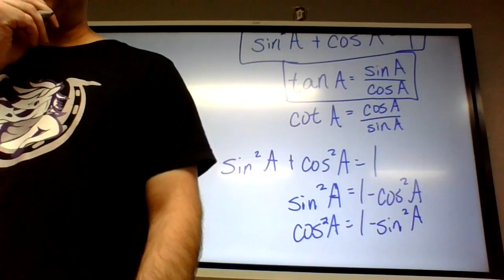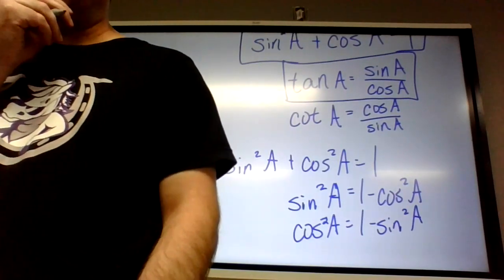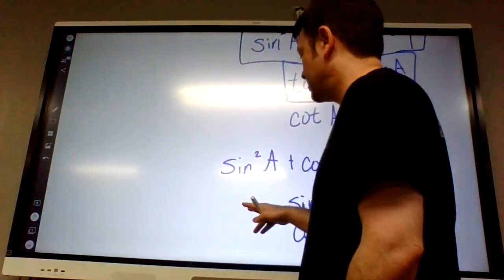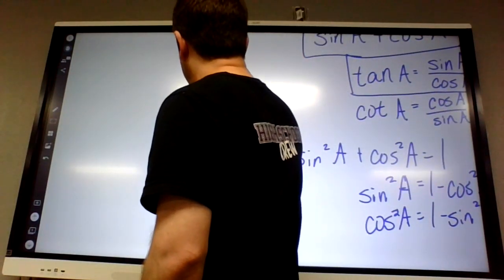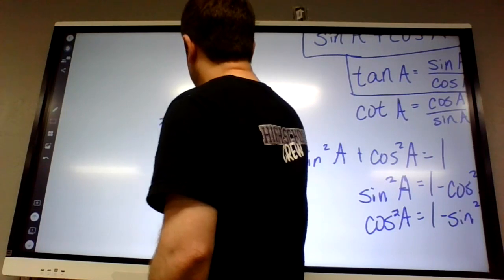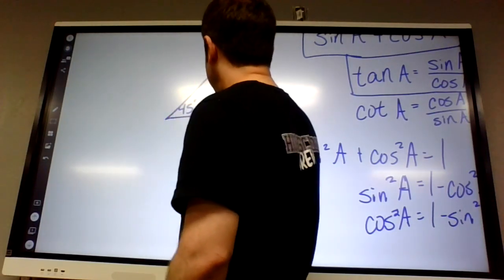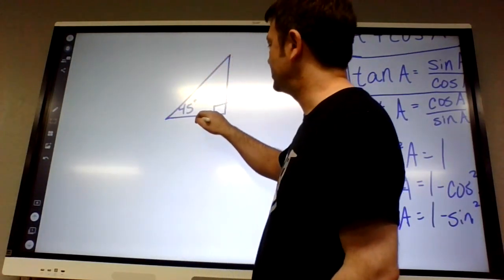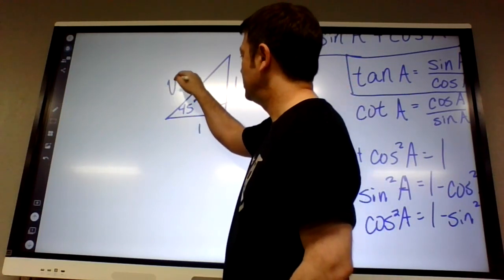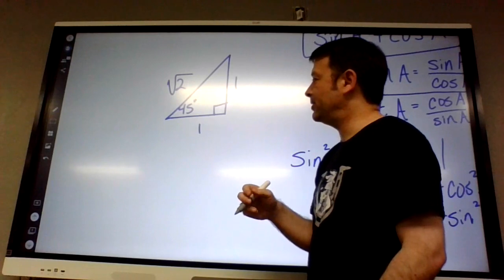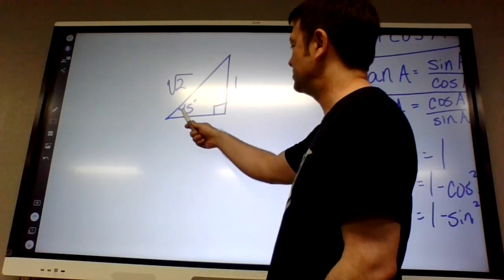So the first thing we need is sine squared of 45 degrees. Do you guys remember the 45, 45, 90? What are the ratios of the sides? Legs? Okay, so what is sine of 45?